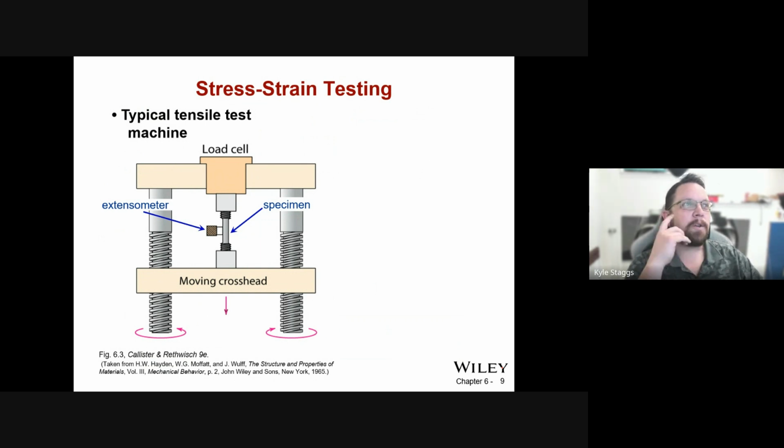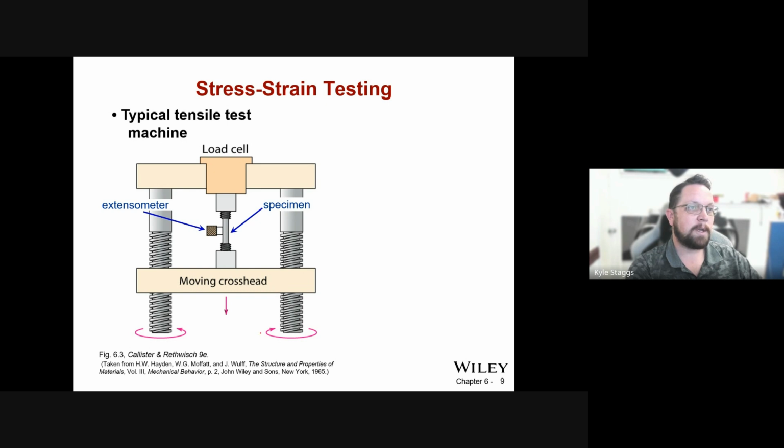What it's designed to do is take a load cell measurement, meaning a force measuring cell. The extensometer is mounted to the specimen, usually clamped on. So there's the possibility of the extensometer slipping and creating some aberrant reading, stuff that you have to account for in your measurements. Then you have a moving crosshead because it goes between the threaded portions so that this portion stays fixed while the bottom portion moves.